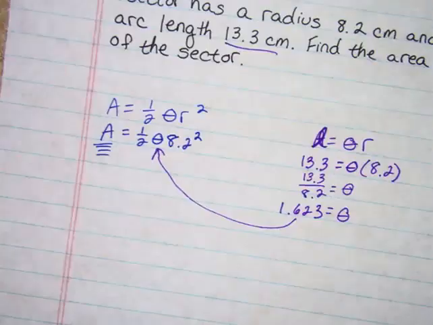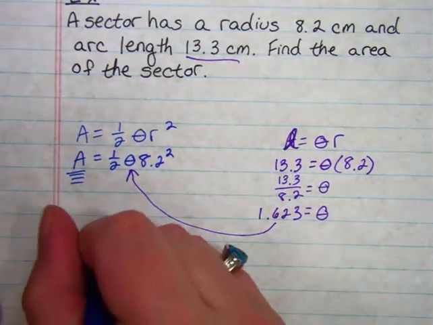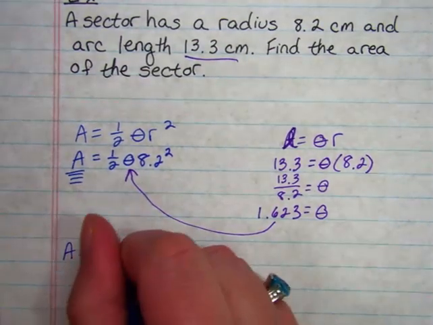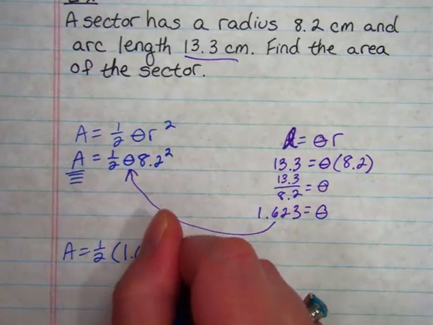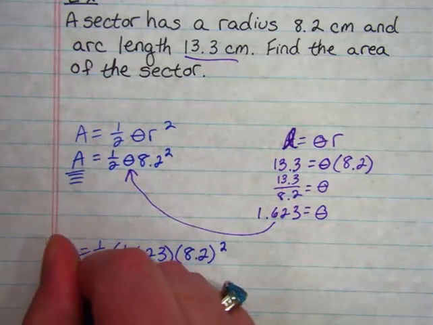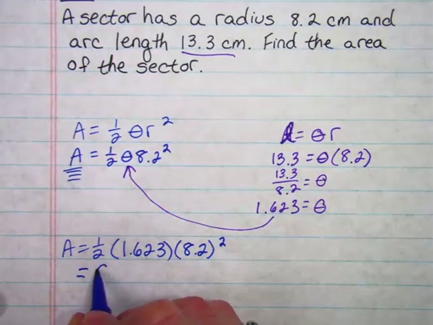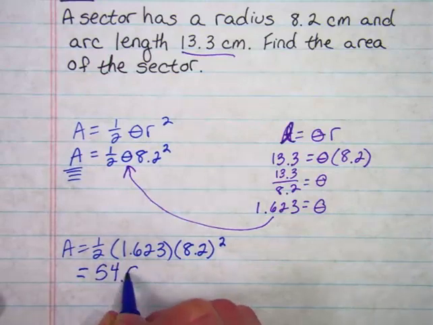So now I plug that theta in, and I end up getting my area equals 1/2 times 1.623 times 8.2 squared. I type all of that into my calculator, and I get 54.5.